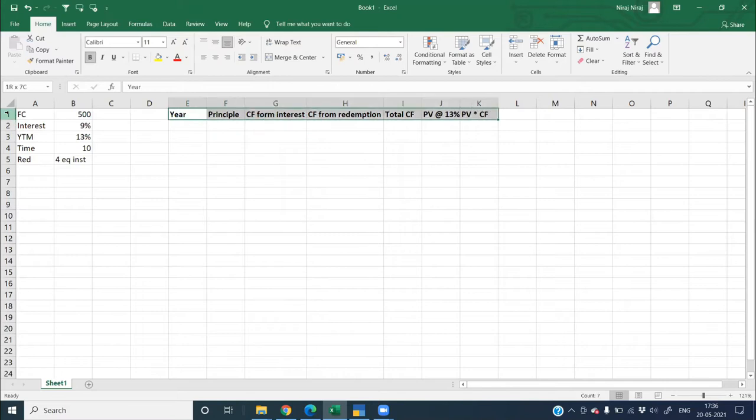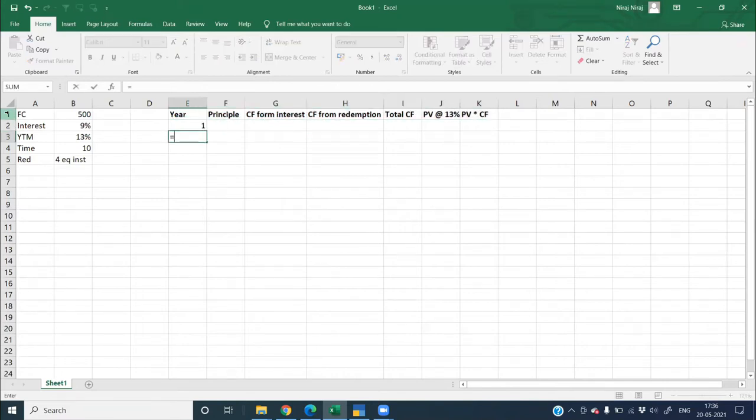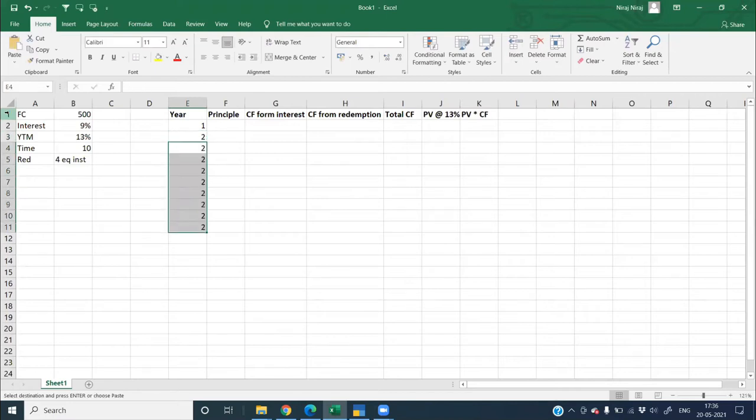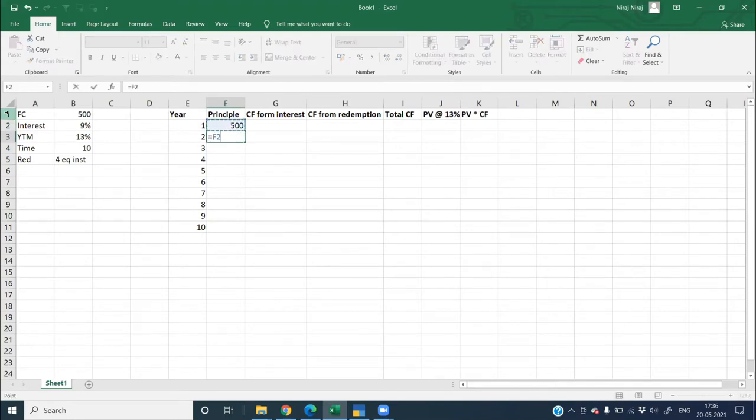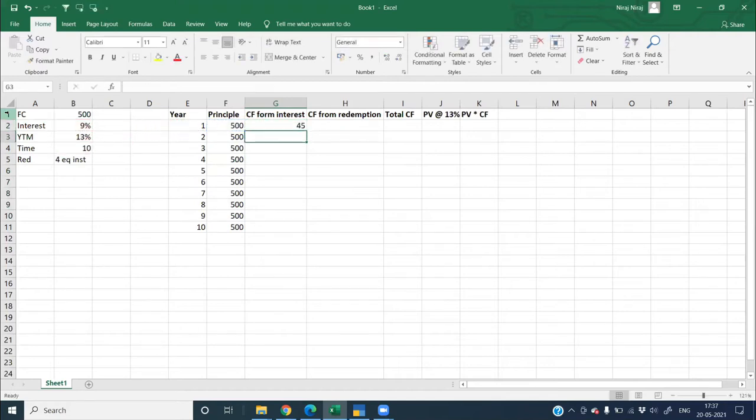Now if I try to fill each of them, my year will be from 1 to 10. Principal is 500 rupees. So next year, principal will be how much? The previous year's principal minus any kind of redemption that takes place will be my principal. Cash flow from interest activity would be this multiplied by the interest rate of 9%.